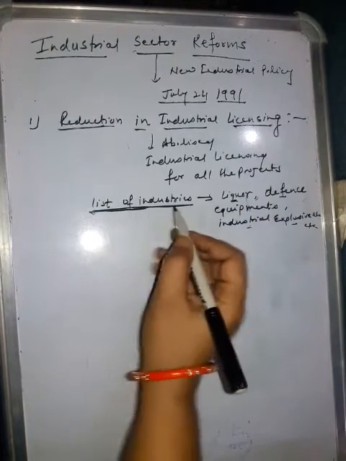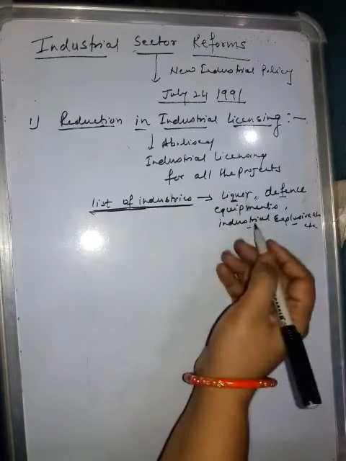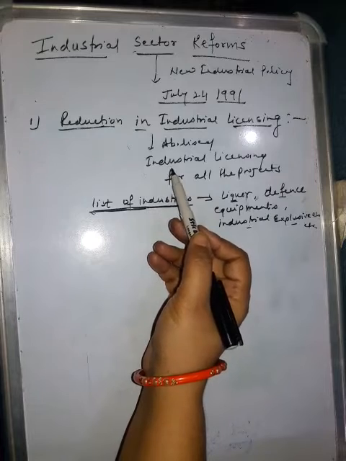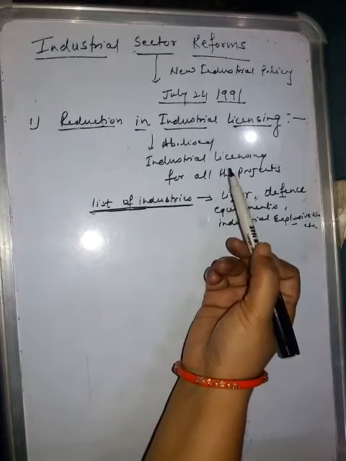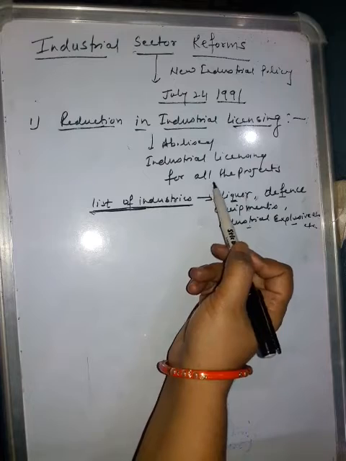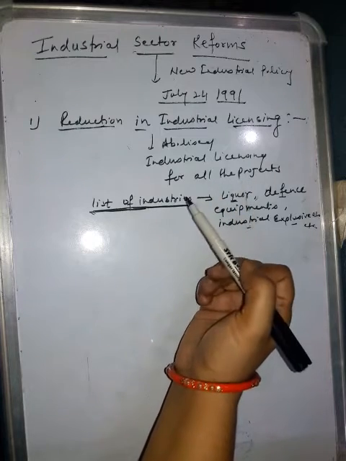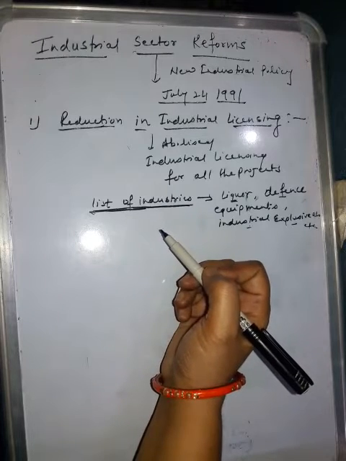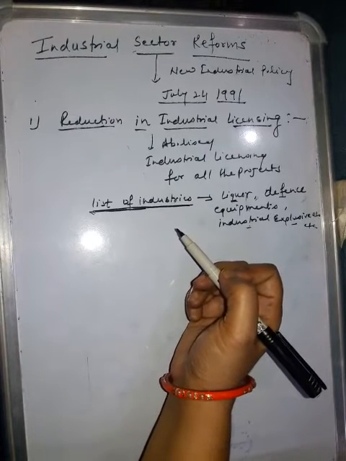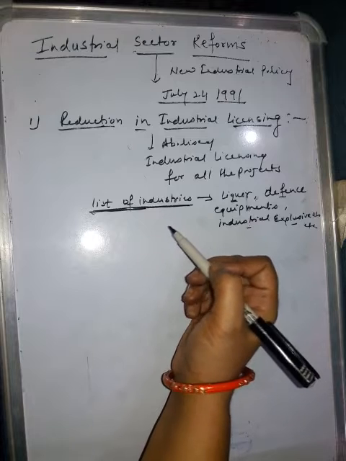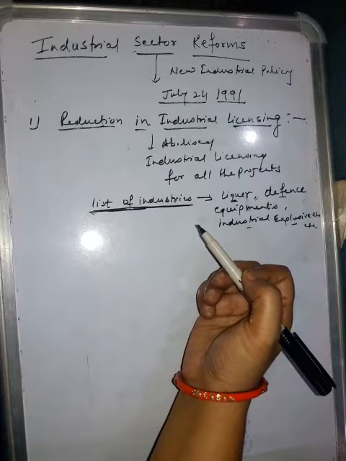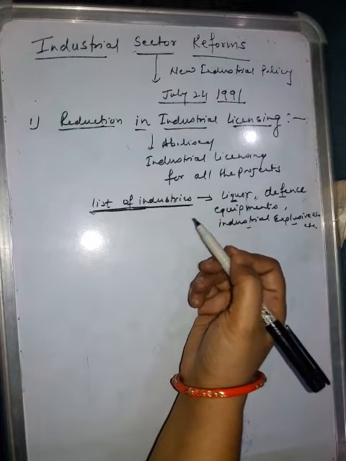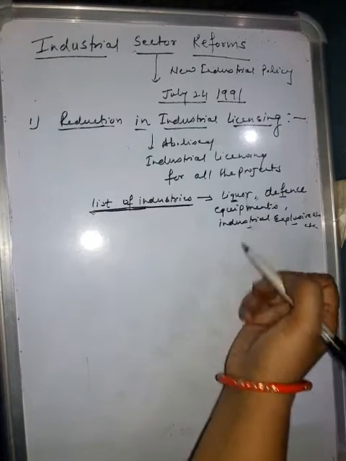So these industries still needed licensing, but except these industries, the government abolished industrial licensing for all the projects. No license was needed to set up new units or expand or diversify the existing line of manufacture. However, a license is required for certain industries related to security and strategic consideration.